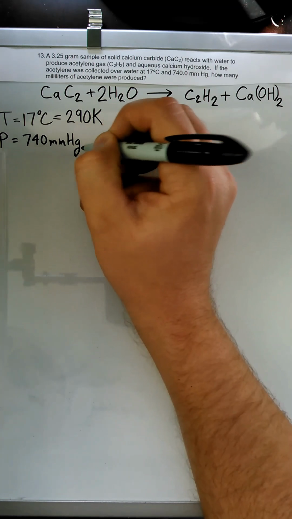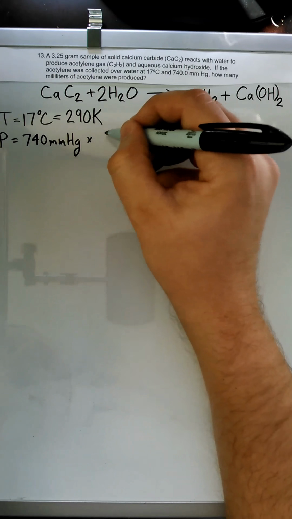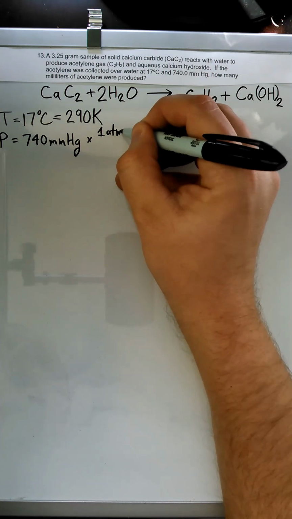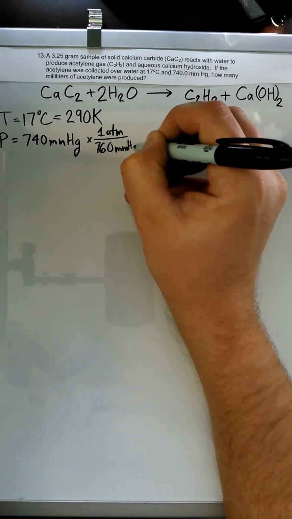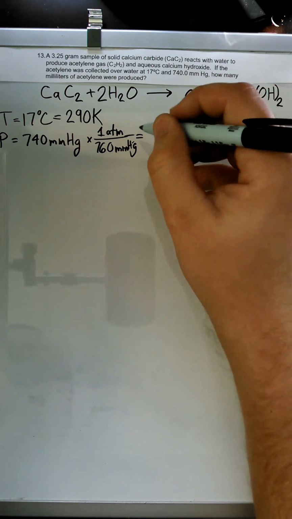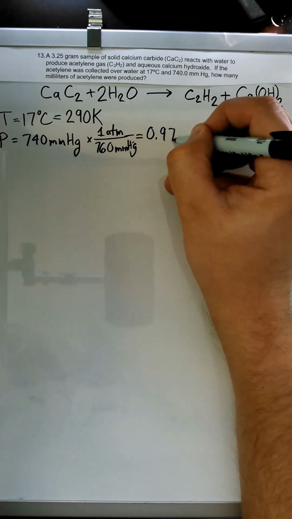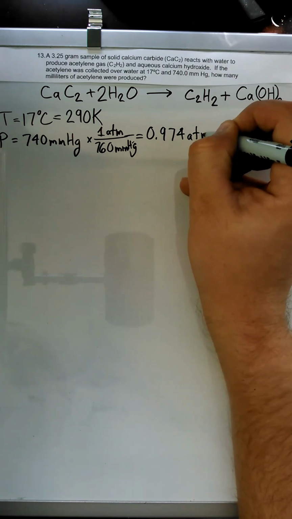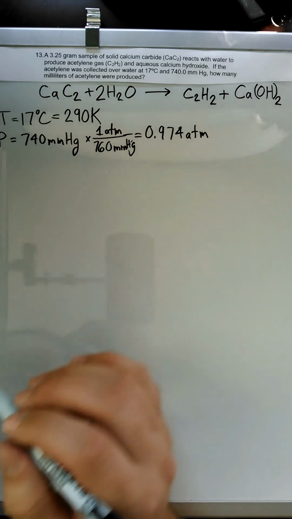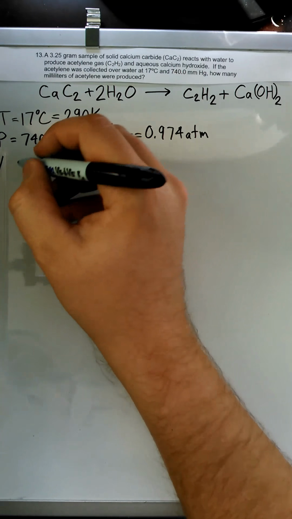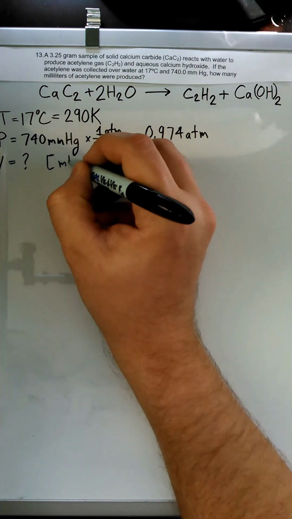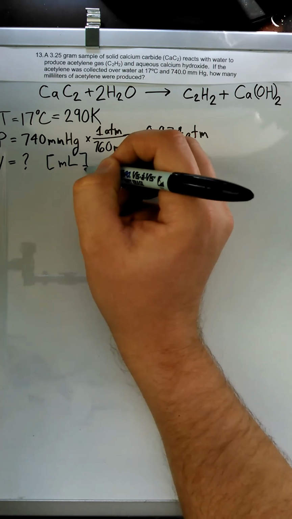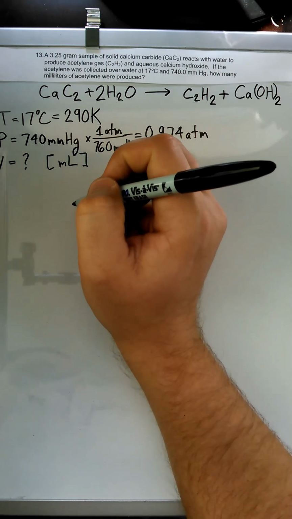So notice again, we need to multiply by our conversion factor of 1 atmosphere divided by 760 millimeters of mercury to give us a pressure of 0.974 atmospheres. We're asked for the volume of acetylene in milliliters, so we're going to have to convert our answer from liters to milliliters for our final step.